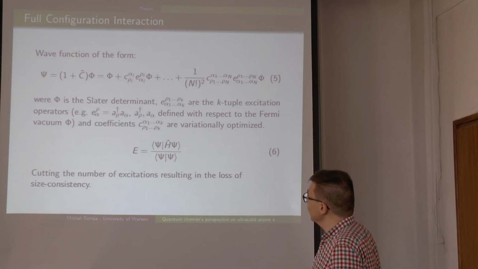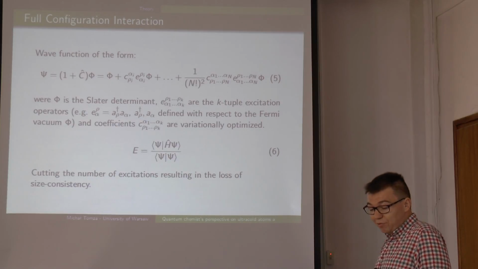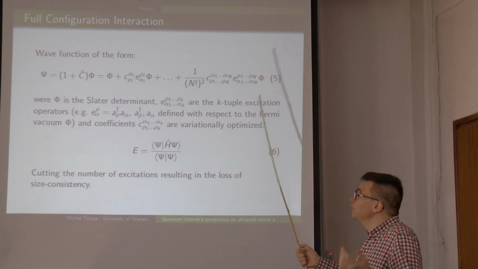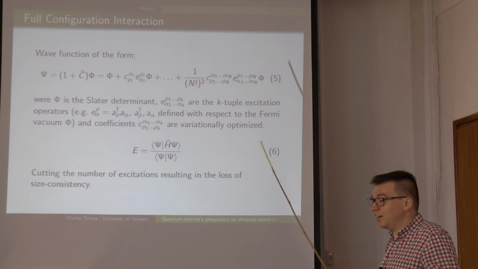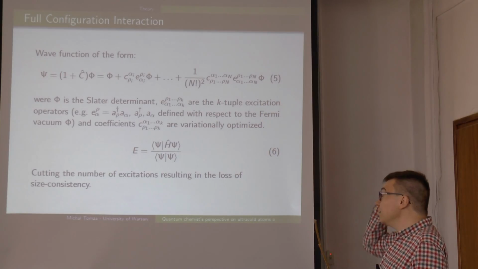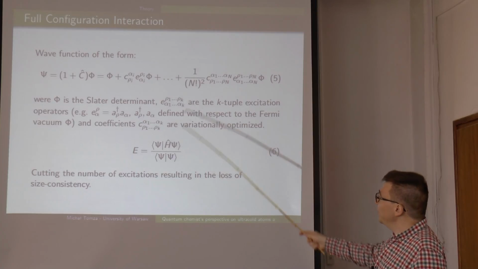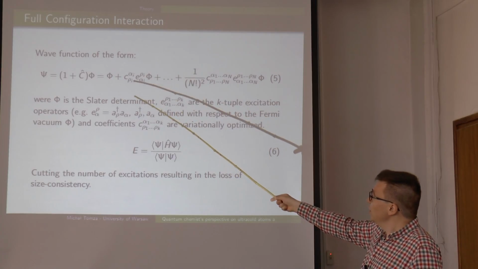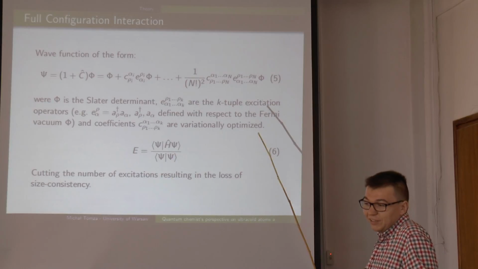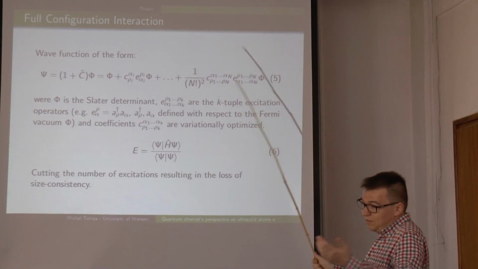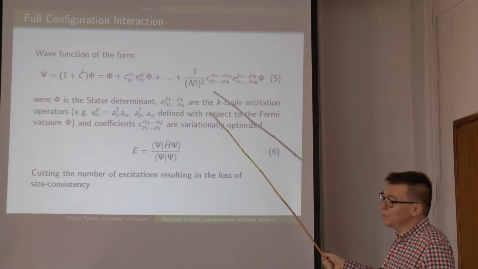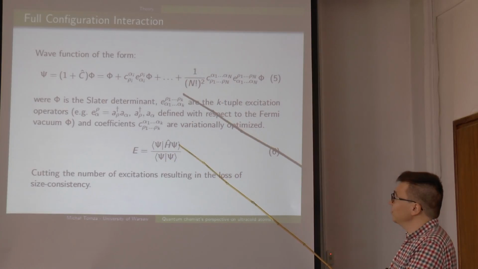Knowing this, we applied two methods of quantum chemistry. The full configuration interaction method is a general method that is applied to any many-body quantum system. We expand the total wave function in all possible determinants with coefficients that can be defined variationally.